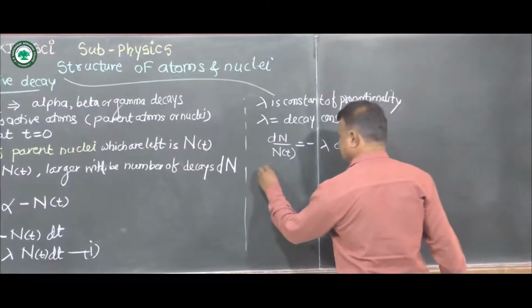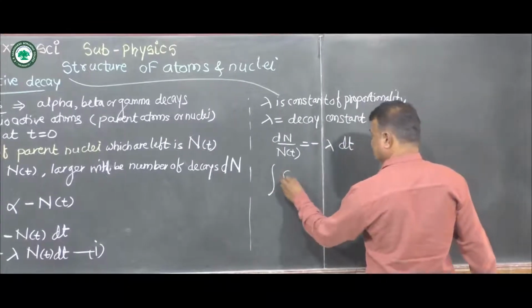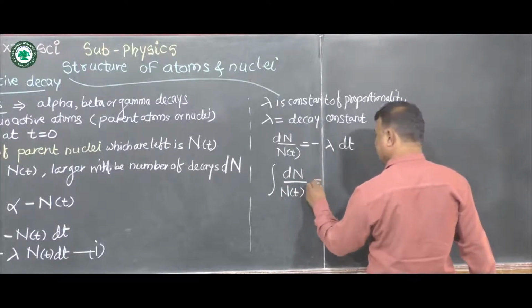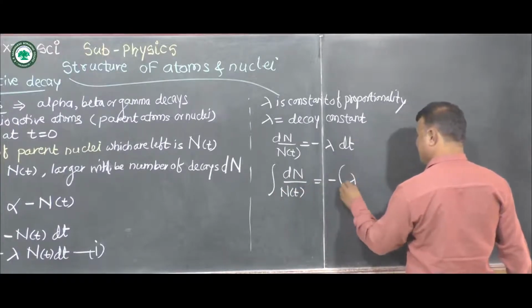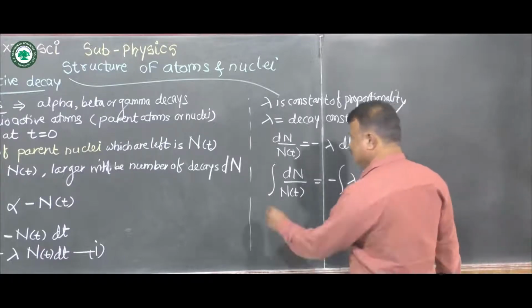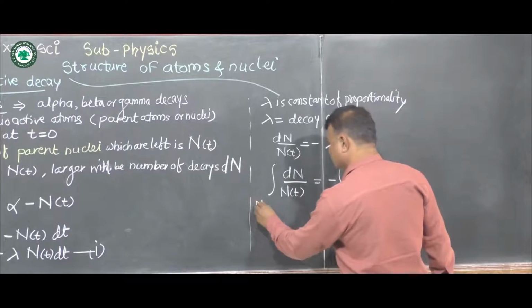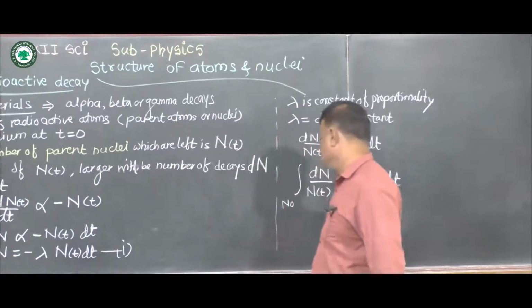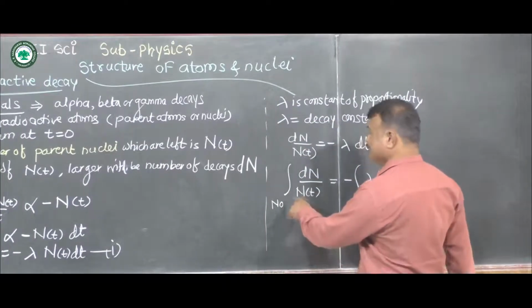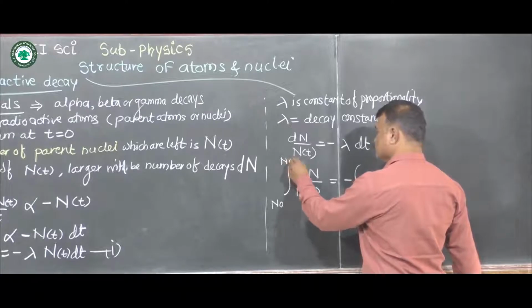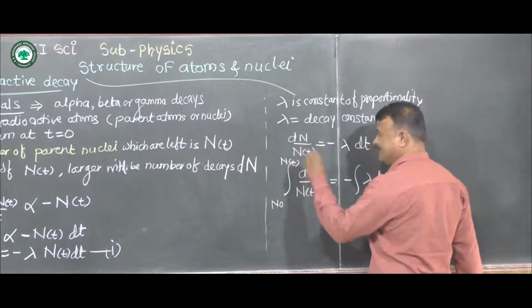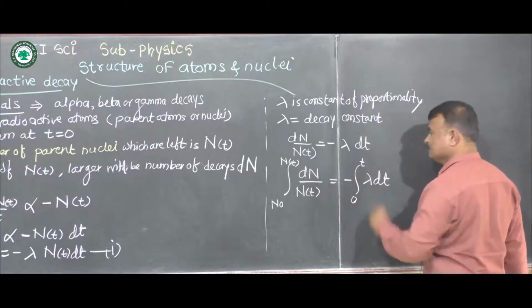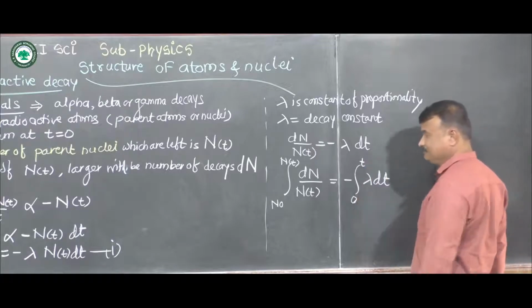So integration of dN upon Nt is equal to minus integration of lambda dt. The integration on the left starts from N0, the number of radioactive atoms, to Nt at time instant t, and on the right, time goes from 0 to t.